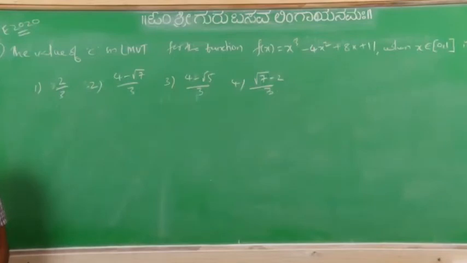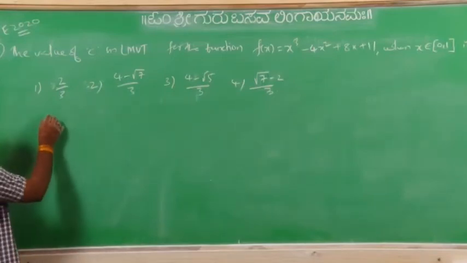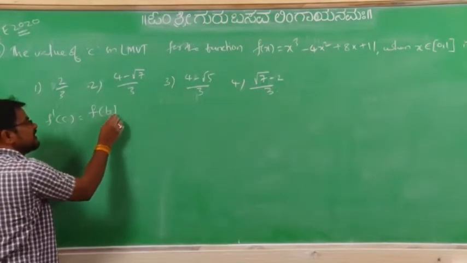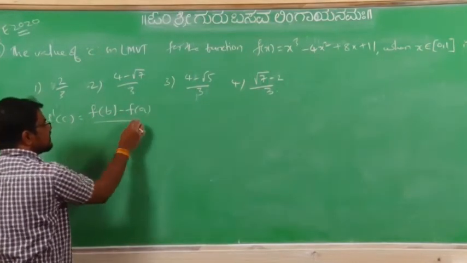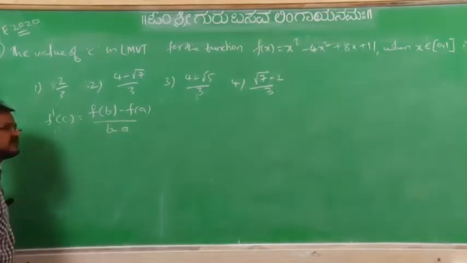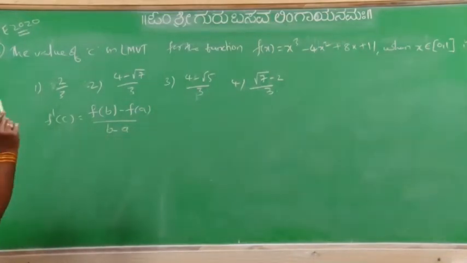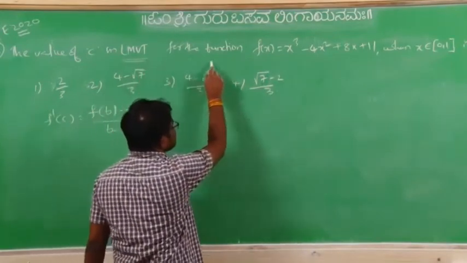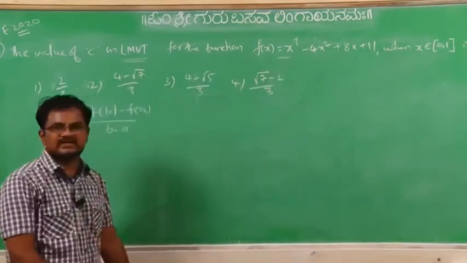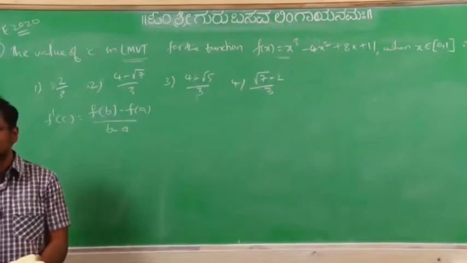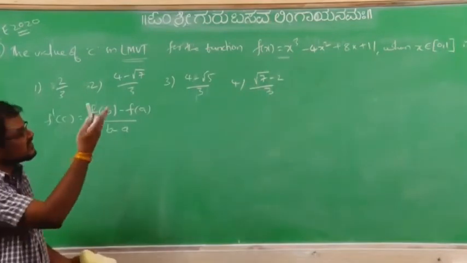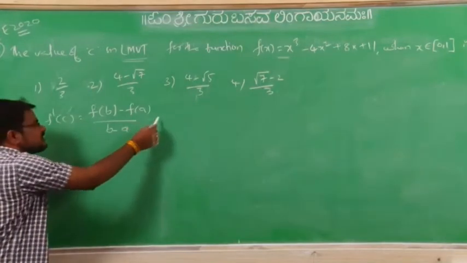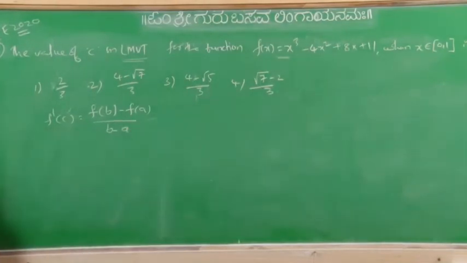Then there exists at least one point C in the open interval 0 comma 1 such that f dash of C equal to f of B minus f of A divided by B minus A.